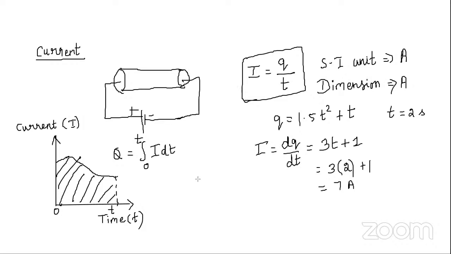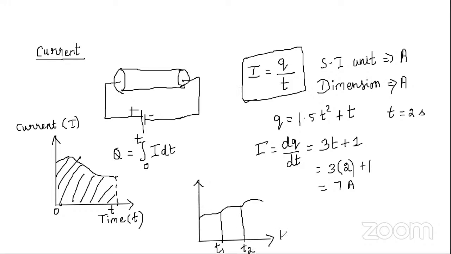Suppose you have a different graph like this, and you are asked to find out the charge flowing between this time t1 and t2.